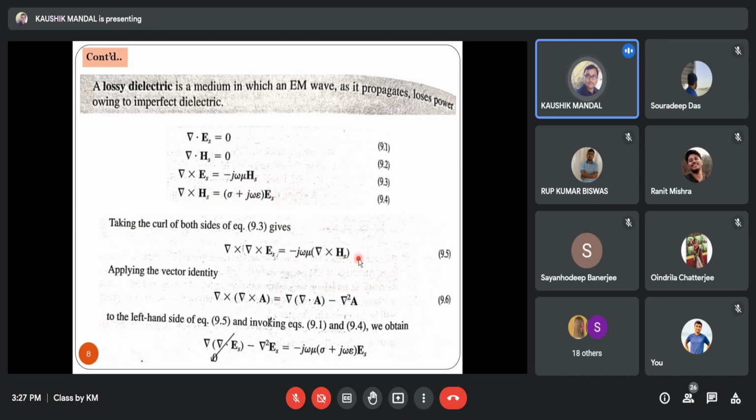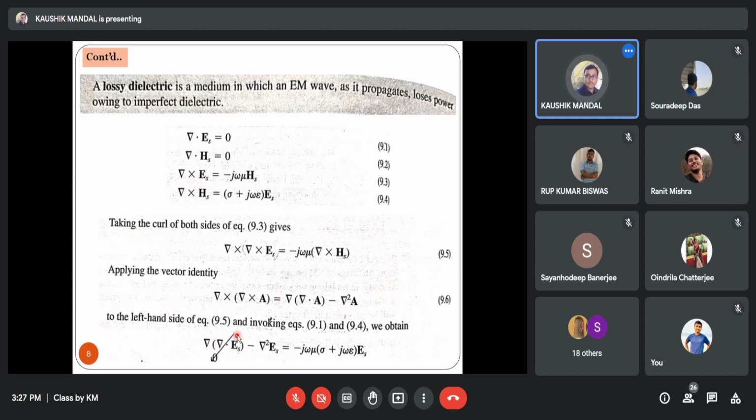So basically you have to put 9.4 and 9.1 in this particular equation. After applying the vector identity in equation 9.5, you have to put the value of divergence of ES and curl of HS.